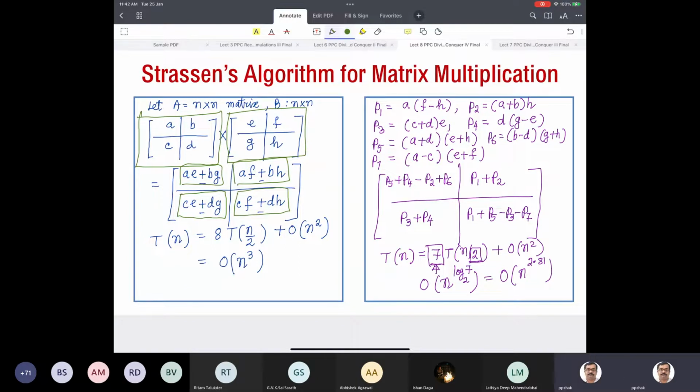And that ends up in 8T(n/2) plus order n squared.